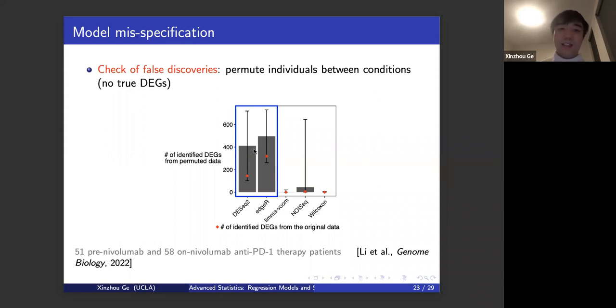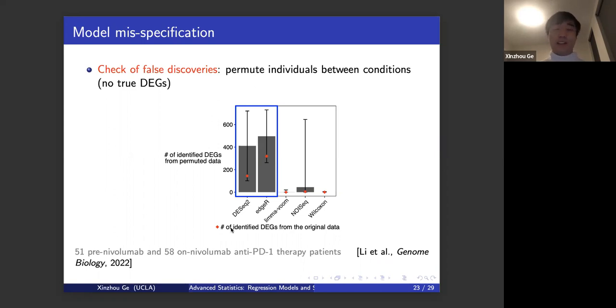So we can see that the number of DE genes identified on permuted dataset is even larger than that from the original dataset, which indicates that the output of these two softwares may contain a large number of false discoveries.